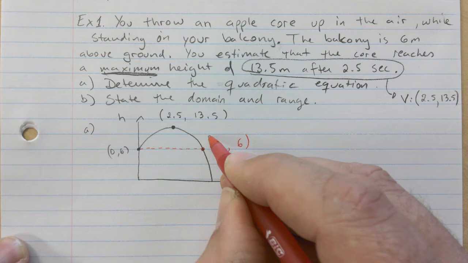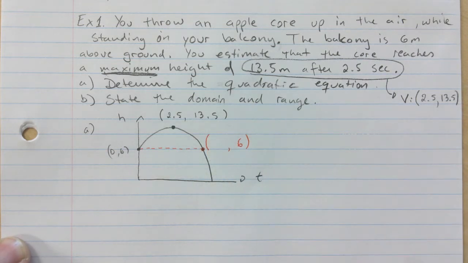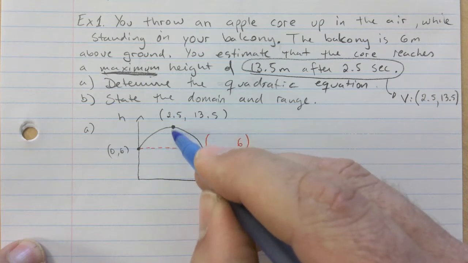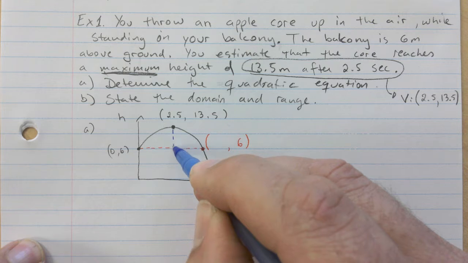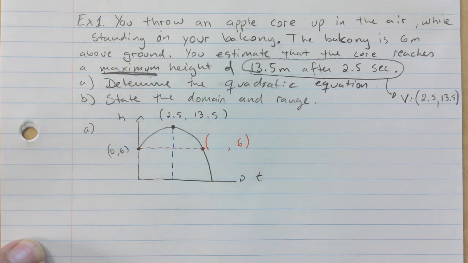I just need to come up with the x value. I'm going to use a different color and say, well, let's use the symmetry. Remember the axis of symmetry? It goes through the vertex. So you go like this, through the vertex.